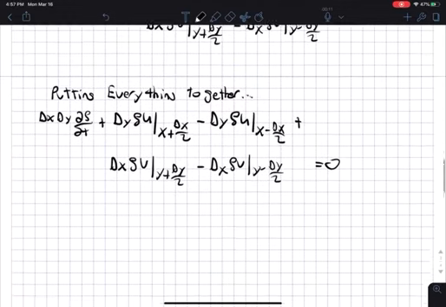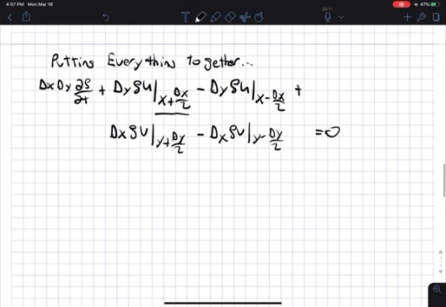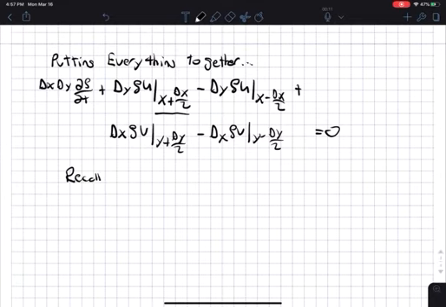But now we're going to take advantage of the fact that, again, the control volume is infinitesimal in size. So we need to link any quantity that is at the edge of the control volume to the value at the center of the control volume. To do that, let's recall the Taylor series.